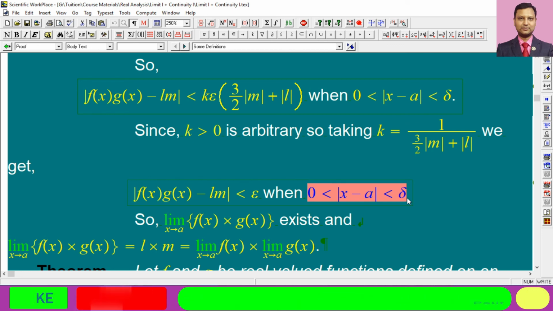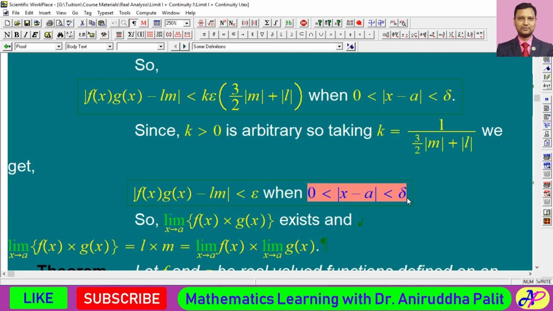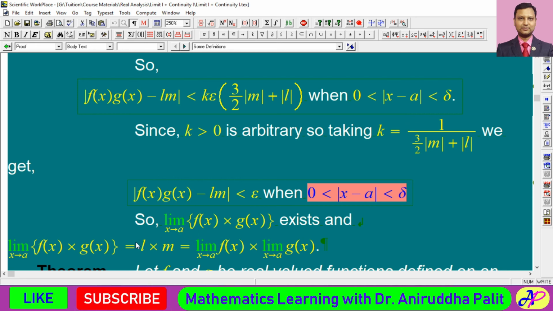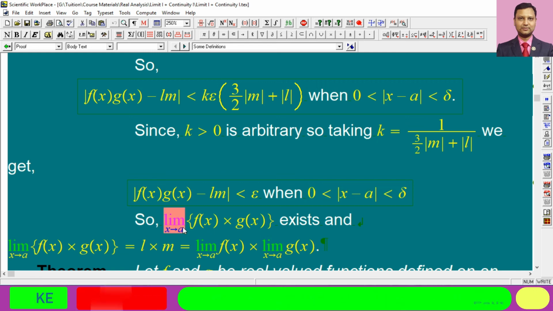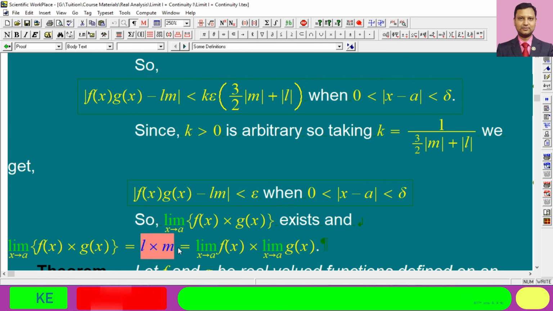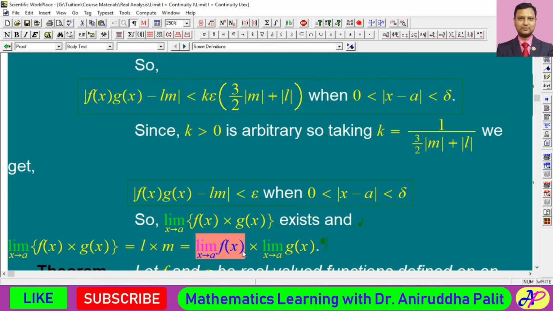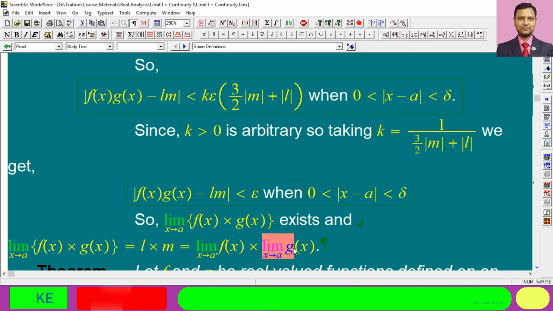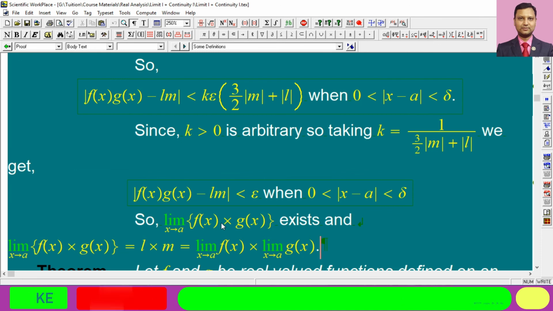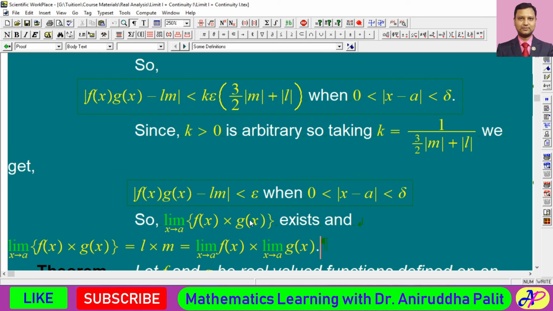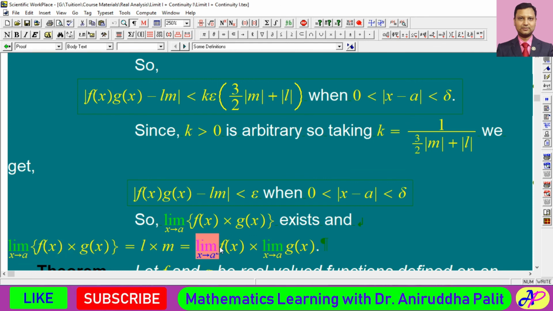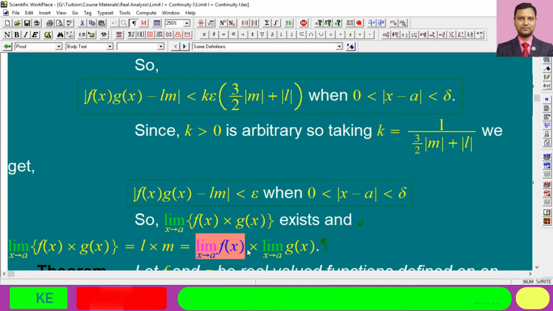Therefore the epsilon delta definition for the existence of the limit is satisfied, and so the limit of the function fx into gx exists, and this limit is equal to L into M, where L is the limit as x tends to a of fx, and M is the limit as x tends to a of gx. So yes, over here the limit of this product function is equal to the product of the individual limits, provided they exist.